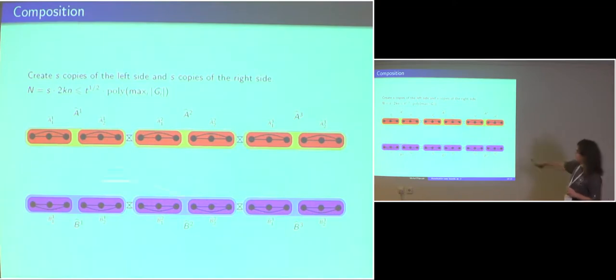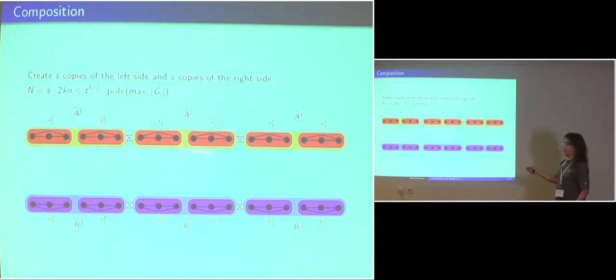And the idea is that now, because I've got s copies here and s copies here, I've got s squared pairs of copies. So each of the pairs of left side, right side will be like a placeholder for one of the input instances. Good.